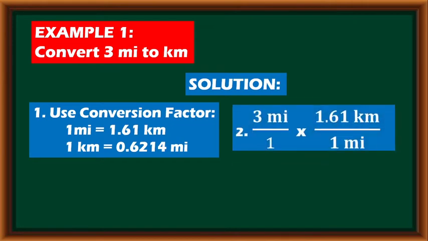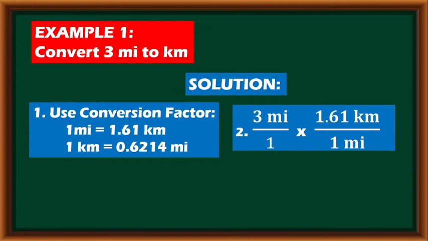Okay, so you always go back to your given example. So we have 3 miles. 3 miles over 1 multiplied by, kung yung given unit natin is mile, doon sa conversion factor natin, yung fraction niya, yung mile ay laging nasa denominator.